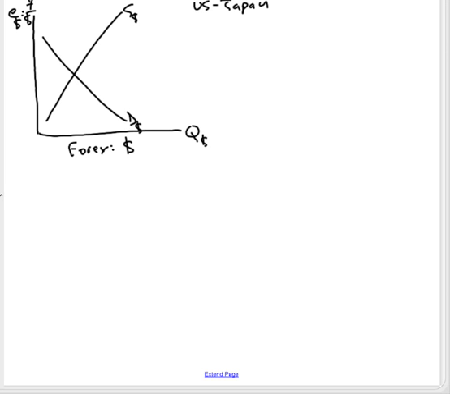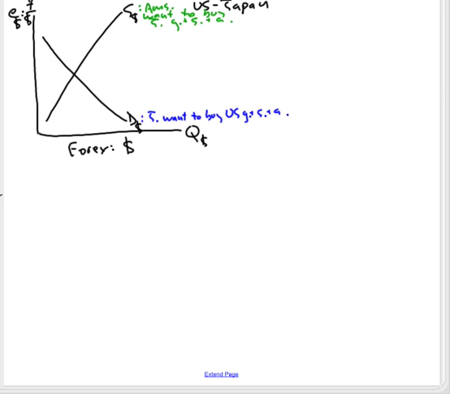The demand for dollars depends on Japanese people who want to buy US goods and services and financial assets, and the supply curve for dollars represents Americans who want to buy Japanese goods and services and assets.